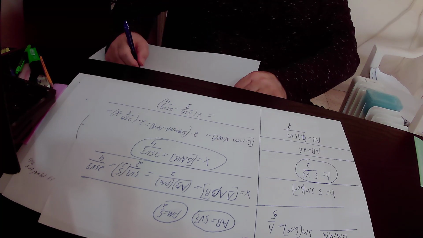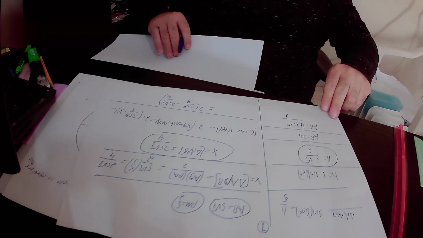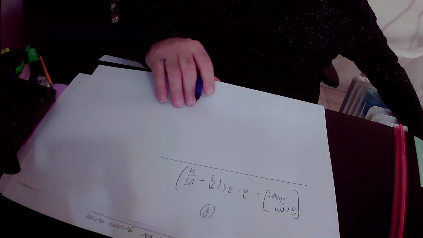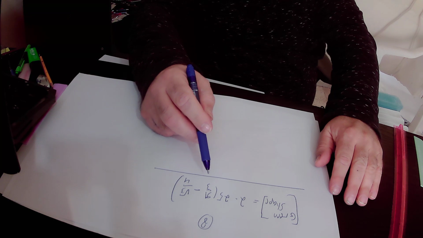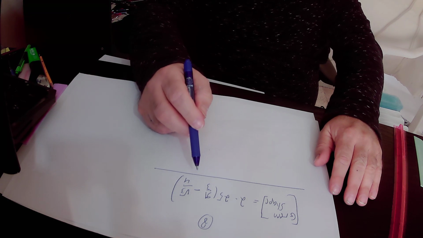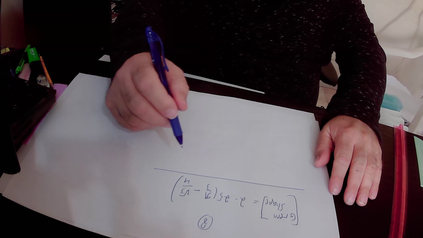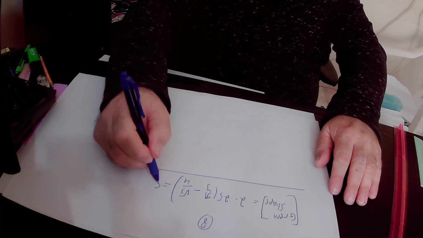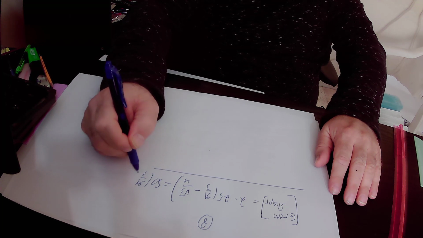So in conclusion, we found out that the area of the green shape equals 2 times 25 times pi over 3 minus square root of 3 over 4, and 2 times 25 is 50 times pi over 3 minus square root of 3 over 4.